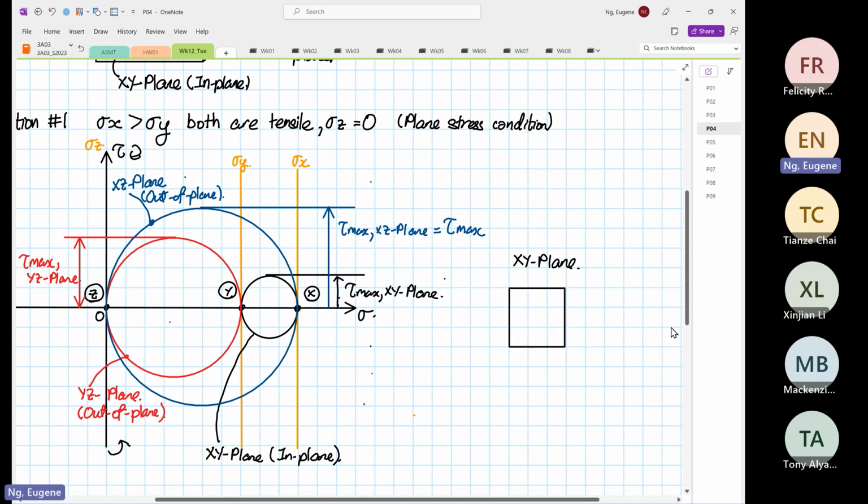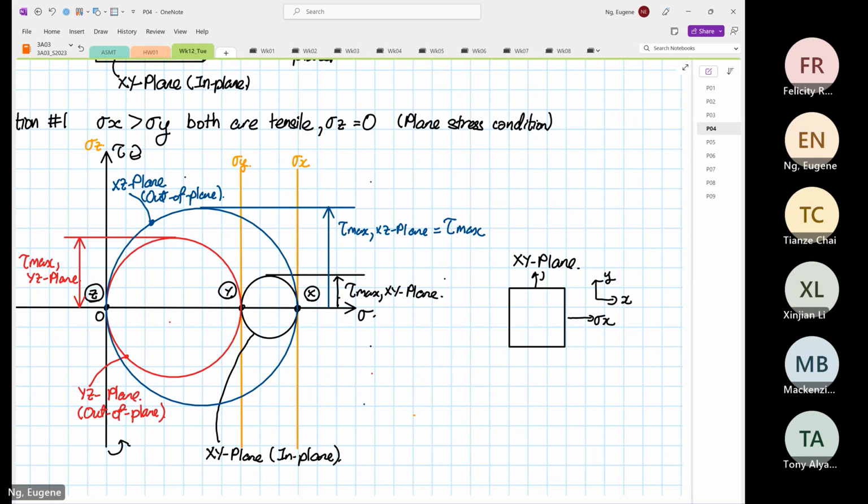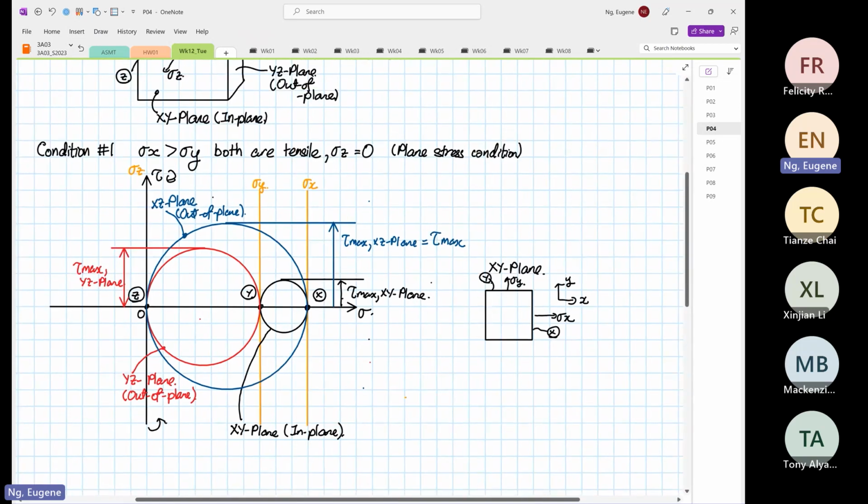So if I were to draw our transformation, this is our X and this is our Y, both are tangent. This is our point X, this is our point Y. When we draw a circle, we call it our XY plane.